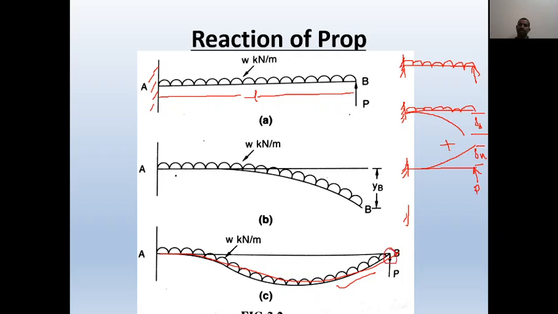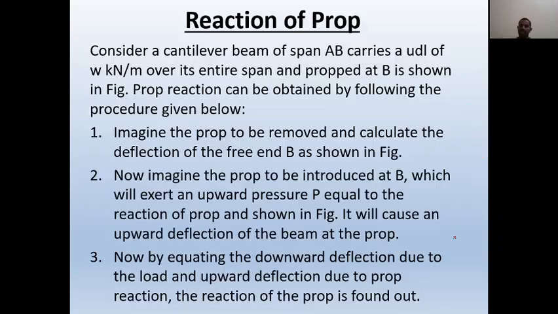So from this we have an equation. In the final result deflection is to be 0, but we have downward deflection due to load and upward deflection due to prop, and by adding these two we must get 0. That is, delta d plus delta u equals 0. That is actually the required equation.